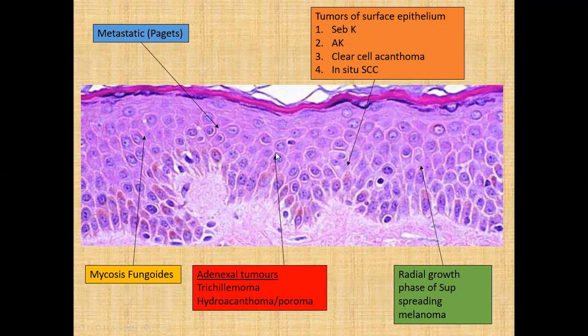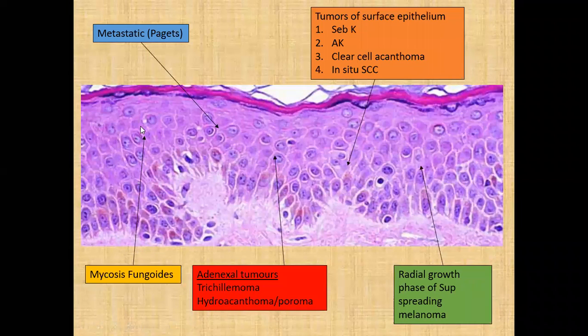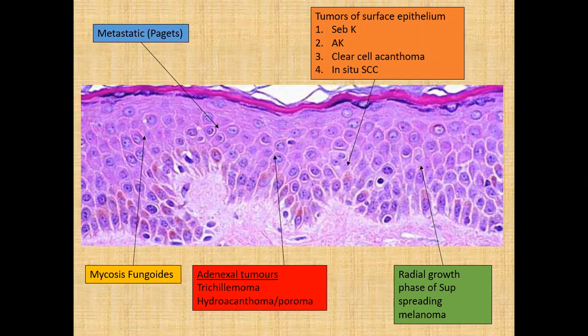Then a few of the adnexal tumors can be seen, like hidroacanthoma and poroma. Mycosis fungoides is seen in the epidermis as the phenomenon of epidermotropism, having abnormal lymphocytes infiltrating the epidermis, and the metastatic Paget's disease.